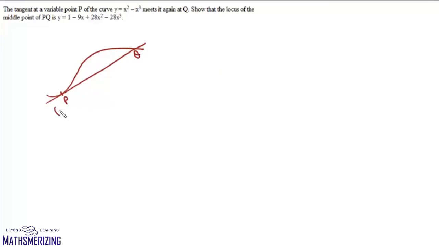Now suppose this point P is (h, h square minus h cube), and this point Q is (k, k square minus k cube). Now this straight line is the tangent at P. So if we find dy by dx, it will be 2x minus 3x square.